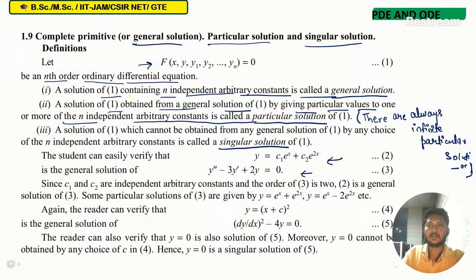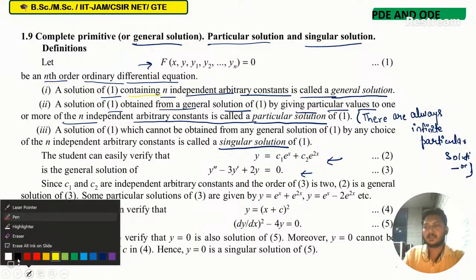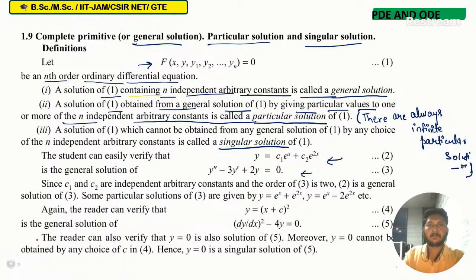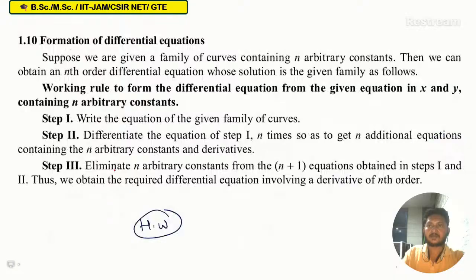Here something containing an independent arbitrary constant. These are the basics which I have already told you in our previous classes. Okay, so my aim is to find some arbitrary constant.